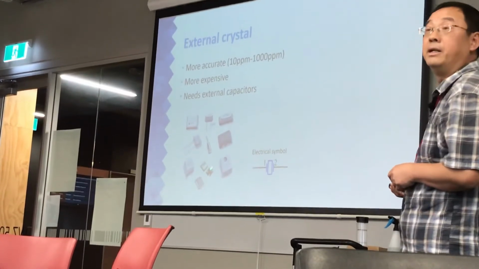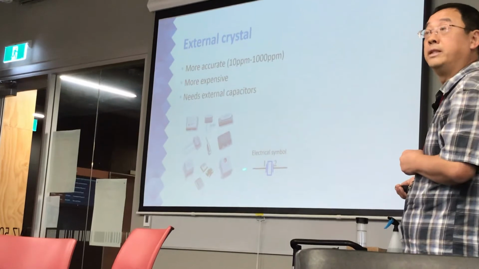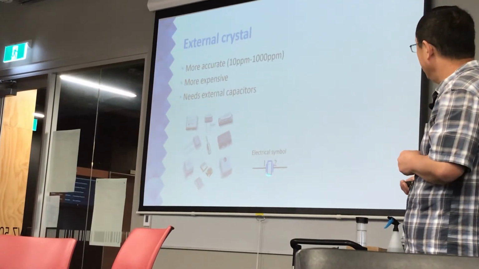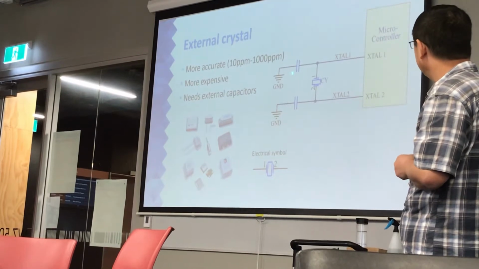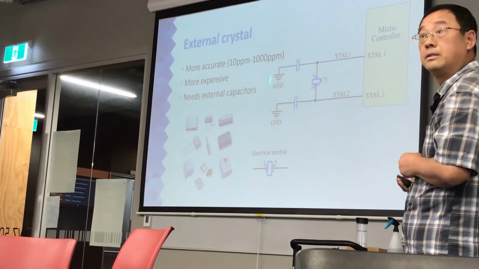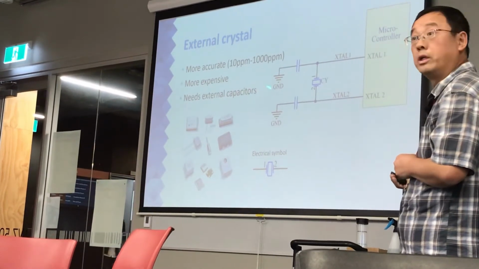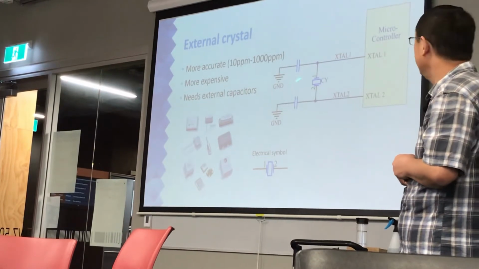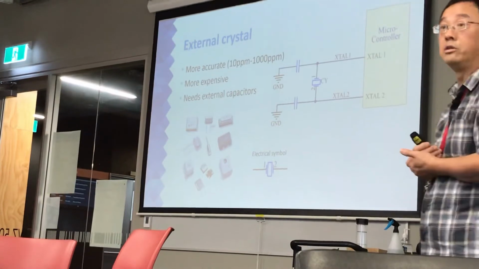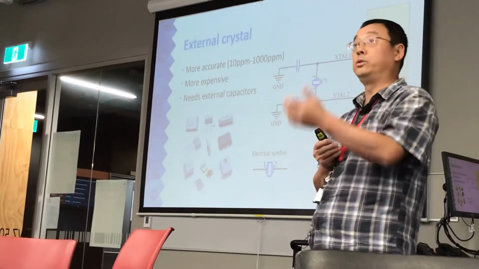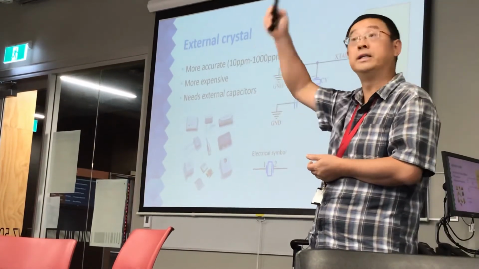It is a little bit similar to the external resonators. But you have to remember a crystal does need two capacitors in the system to make it work properly. It's just another way of putting a load on the crystal.